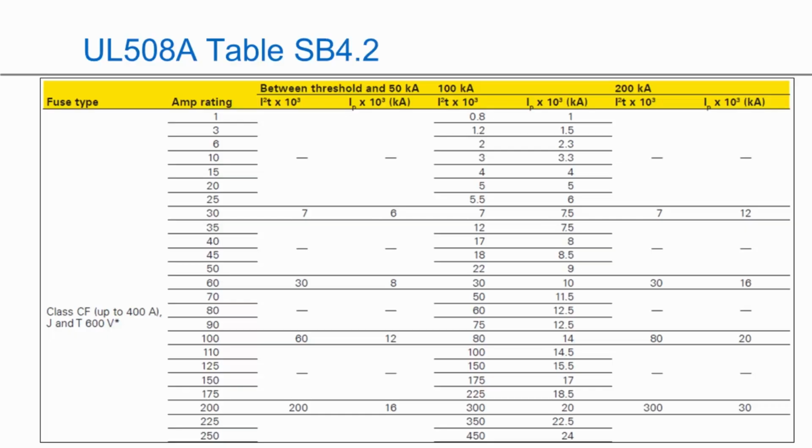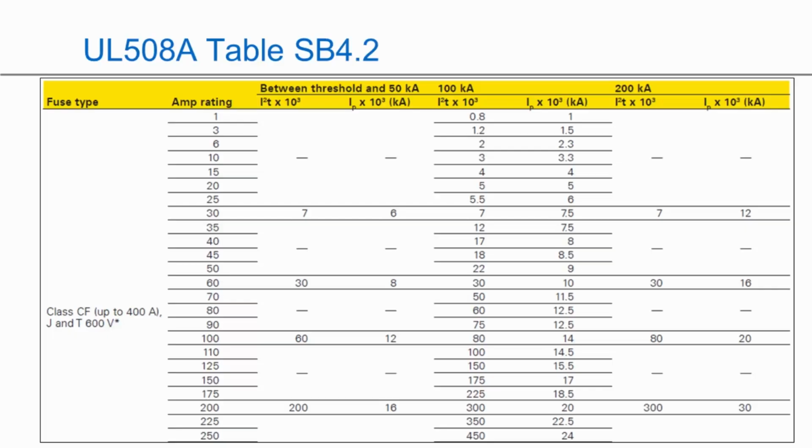With fuses, we have to use UL 508A table SB4.2 to determine what the let-through is. In table SB4.2, I've got fuse type and three columns: a 50 kA column, a 100 kA column, and a 200 kA column. So I can't use 65 kA here. I look up the let-through only at these specific values.